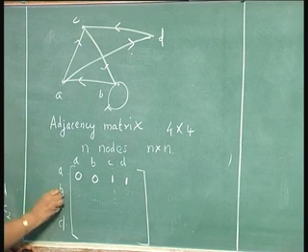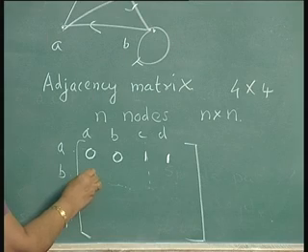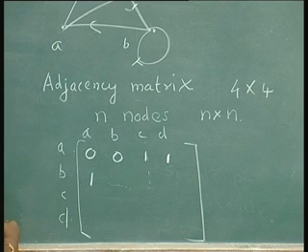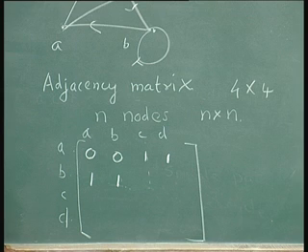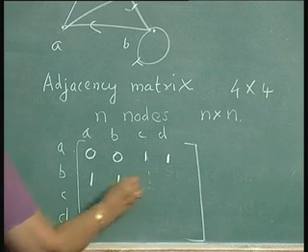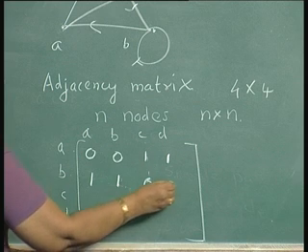Now, from B to A there is an edge, so it is represented by a 1. From B to B there is a self loop, that is represented by 1, and from B to C there is no edge, so this is 0. From B to D also there is no edge.